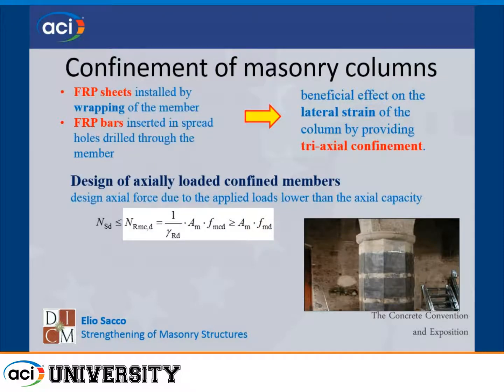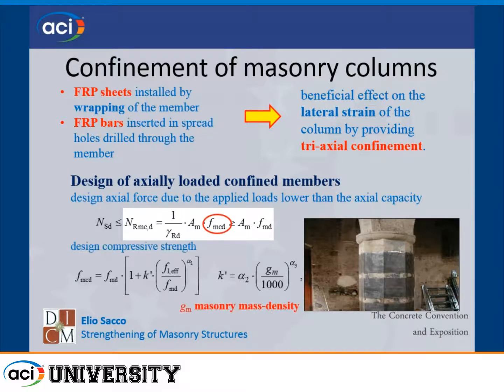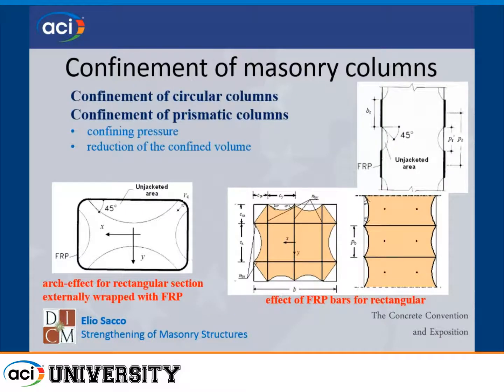Then there is a section concerning the confinement of masonry columns. It's a very standard formula. This coefficient is increased as a function of the confinement, of the quantity of FRP wrapped around the column. Of course, we can have columns that are circular, but also polygonal, prismatic. So we have to compute the effective area that is compressed for FRP, or also introducing bars inside.